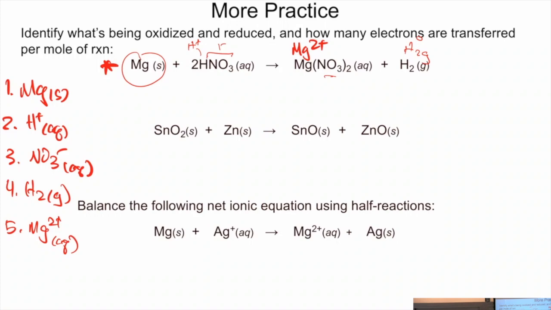How do we find out? Look at the half reactions. Magnesium solid goes to magnesium 2+ plus 2 electrons. Now what about the hydrogens? We had 2 hydrogens, so they'll pick up 2 electrons to give us 1 mole of H2 gas. Of course, it helps when the equation is already balanced for you.